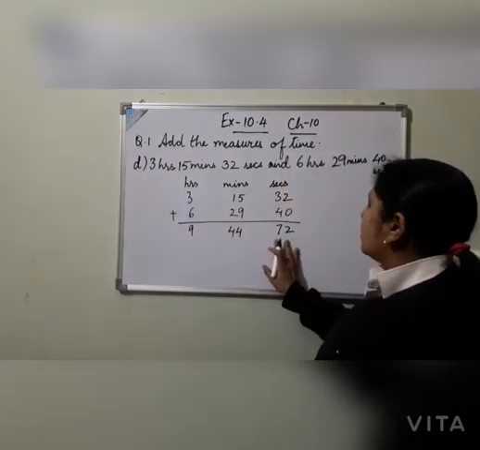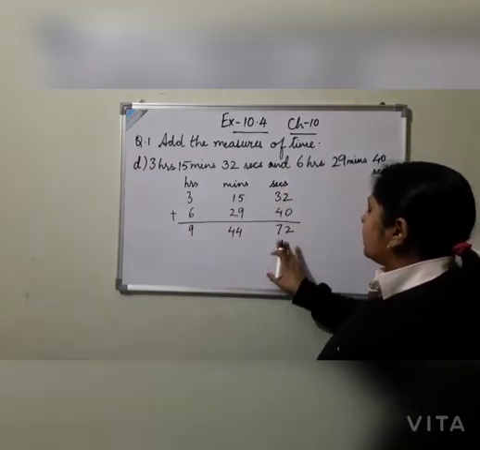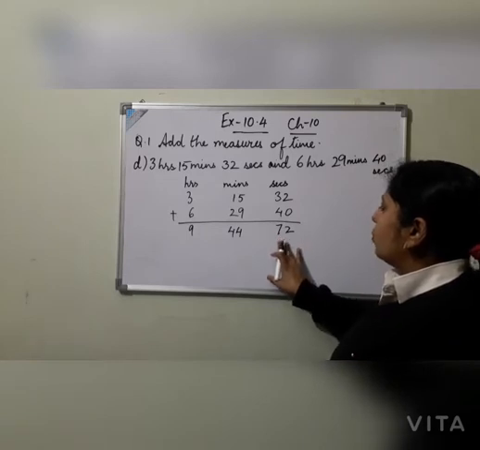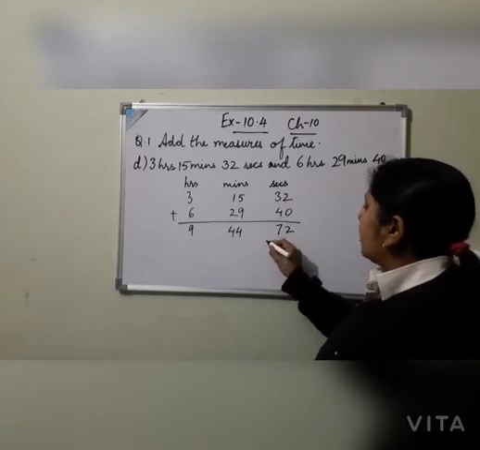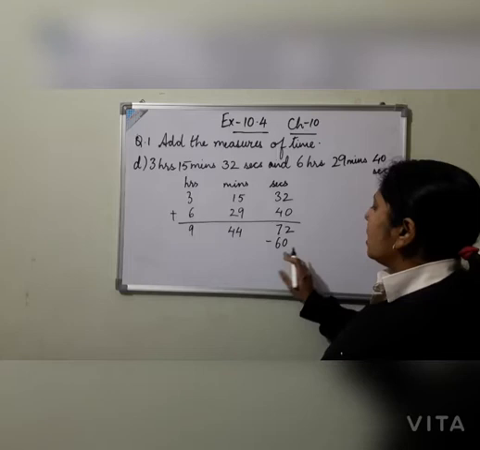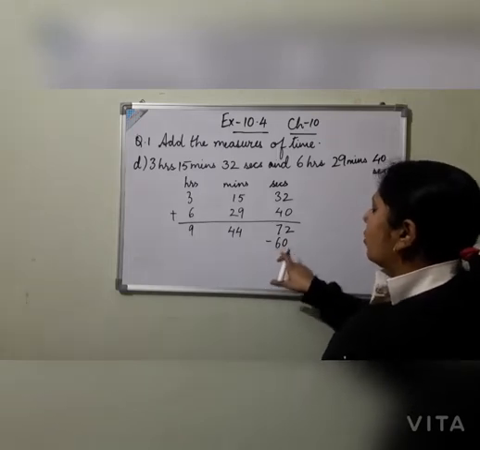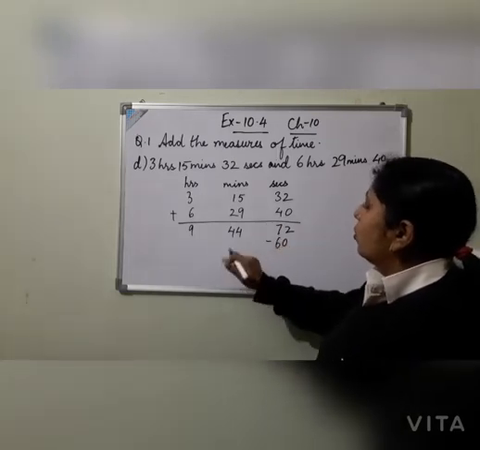Children, now again the seconds have exceeded 60, they are 72. So again we will deduct 60 seconds from here, because once 60 seconds are over, it is converted into 1 minute.